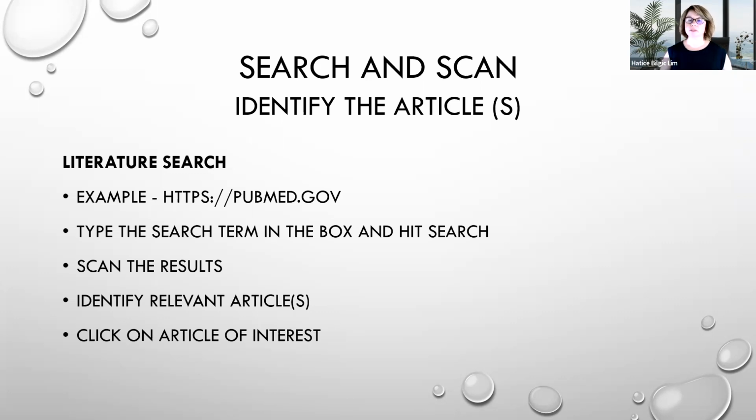The search is as simple as typing the search term in the box and then quickly scanning the article titles in the results. The last step is deciding which articles are related to your topic and then clicking on the ones that are most relevant to get them. Next, I will walk you through the screenshots of this process to provide you with more clarity.